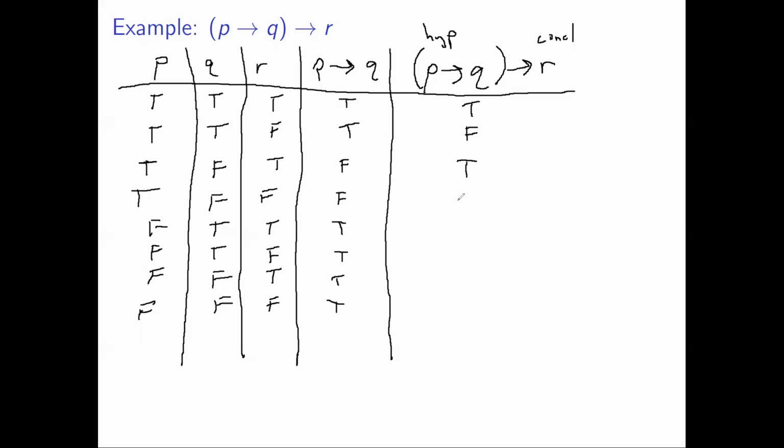Fourth row, the hypothesis P implies Q, that's false. And the conclusion, R, that's also false. And when the hypothesis is false, the conclusion can have any truth value and the implication is true. So since the hypothesis is false here, that means that this implication, P implies Q implies R, is true.